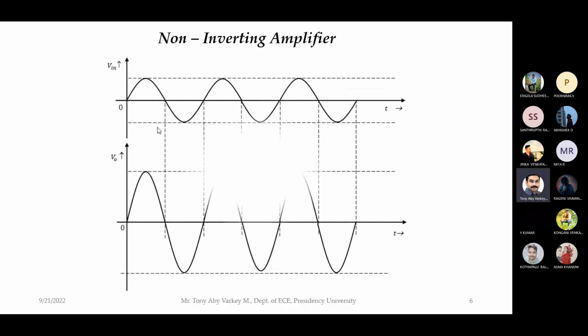Okay, so this is how the input and output will look like. If you are applying a small input, you will get an amplified output. You can see here that when the input is positive, output also is positive. Whereas for an inverting amplifier, it was just the opposite. When the input was positive, output was negative. Clear? Any doubt? No, sir.